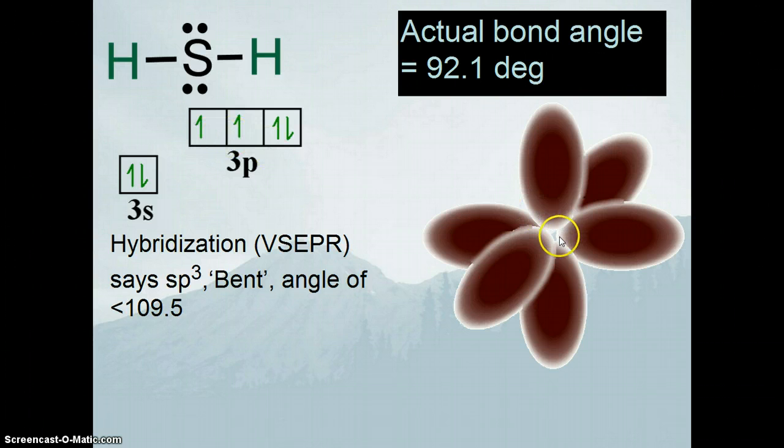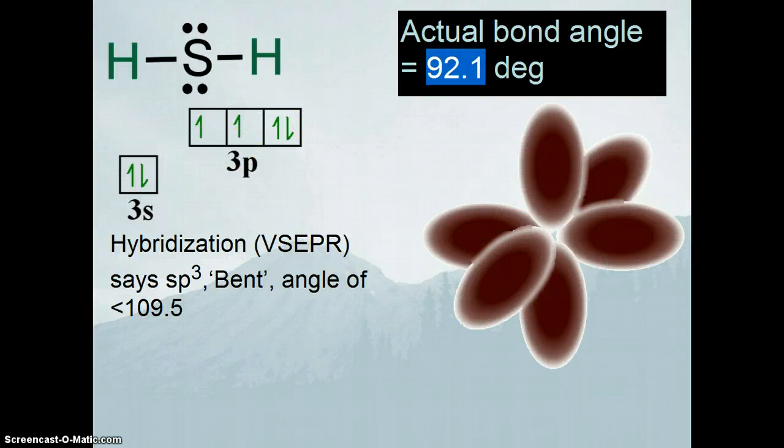So 2 of these 3p orbitals have 1 electron in them that are then overlapping with the 1s orbital of a hydrogen atom. One hydrogen overlaps with this 3p orbital, one hydrogen overlaps with this 3p orbital. It doesn't matter which 3p orbitals they are, those 3p orbitals are 90 degrees to each other. And an actual bond angle of 92.1 indicates that that's the actual bonding taking place.